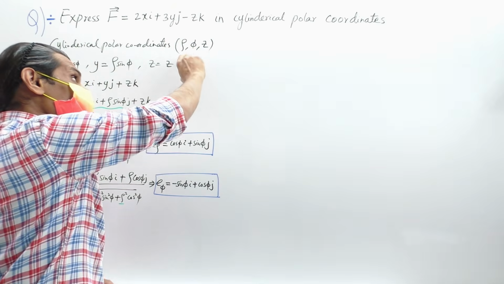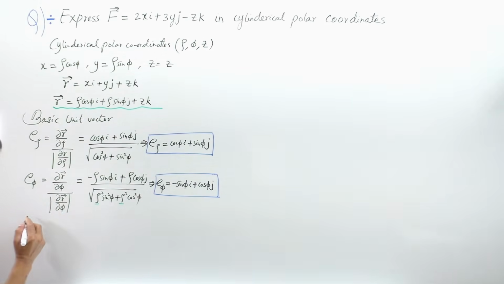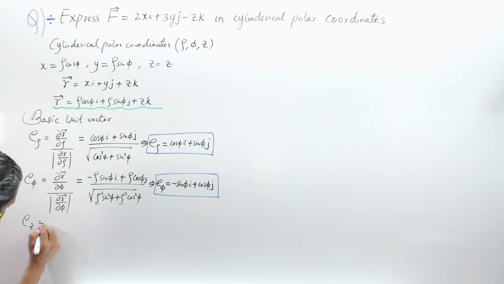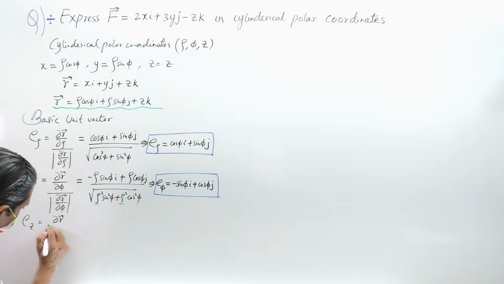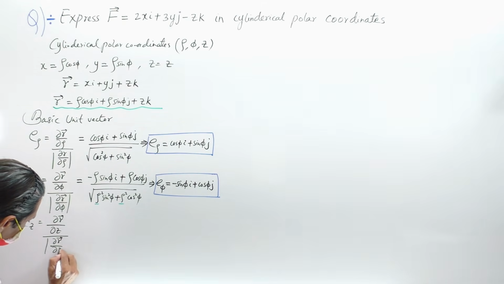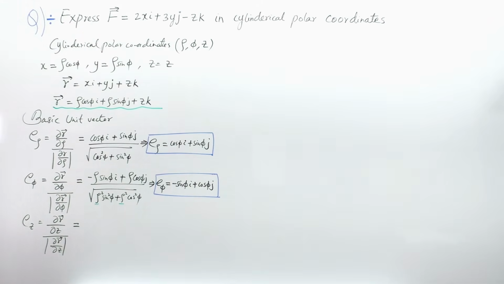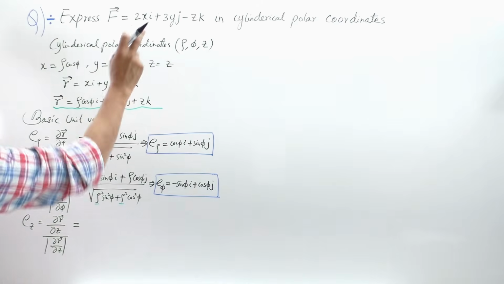The next, after E rho and E phi, is Ez. So Ez is equal to ∂R vector by ∂z, whole divided by the modulus of ∂R by ∂z.